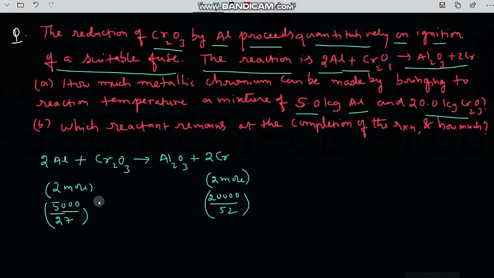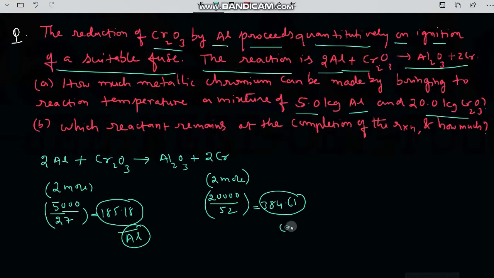From the simplification, I got 185.18 moles of aluminum and 384.61 moles of chromium. As per the equation, the number of moles is the same. If anything is less, we can consider that the limiting reagent.